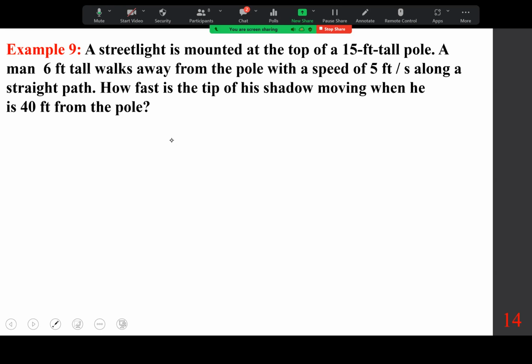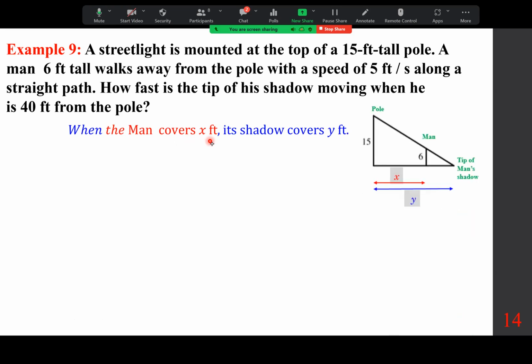and the drawing. So when the man covers X amount, we say the shadow covers Y amount in this format. So the man covers X amount, the shadow is covering Y amount. This is the tip of the man's shadow. The man is 6 feet tall, starting from here, 15 feet pole.